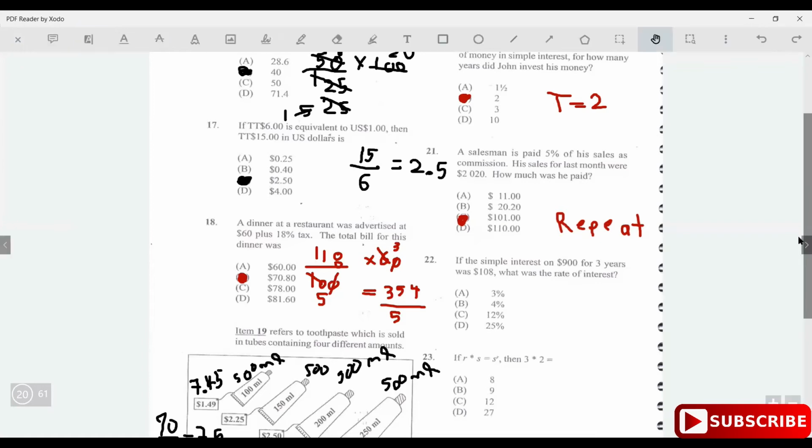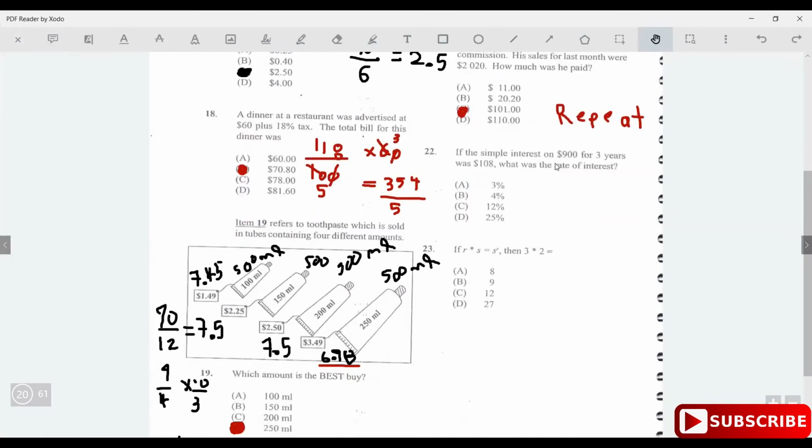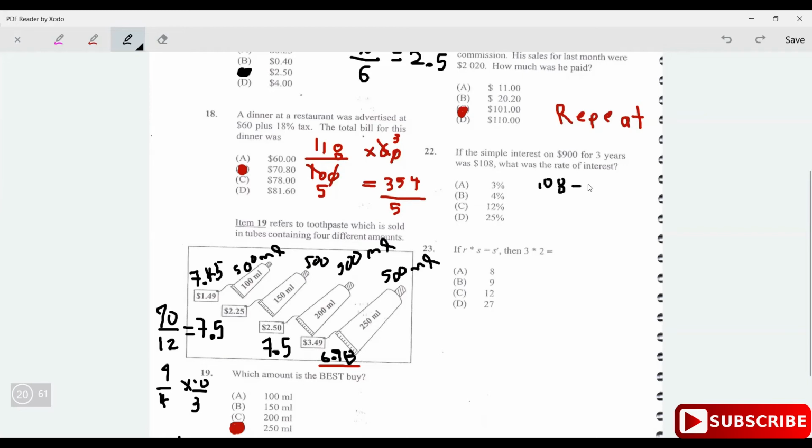Question 22. If the simple interest on $900 for 3 years was 108, what was the rate of interest? The simple interest is 108, and simple interest is equal to the principal of 900 times the rate. We don't know the rate, let's call it R, so R over 100 times the time of 3.